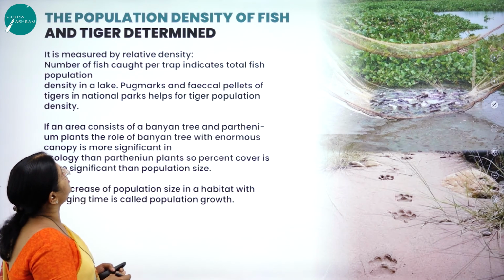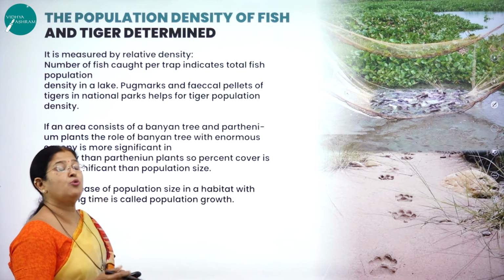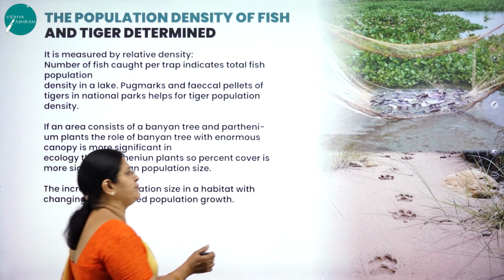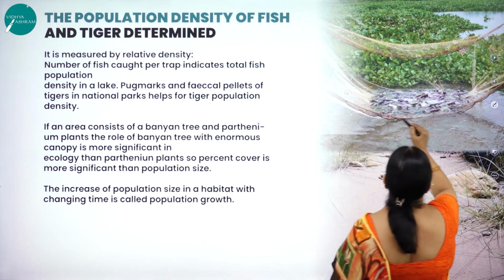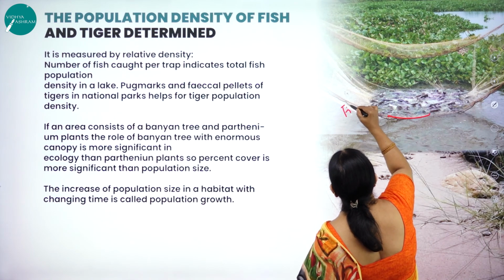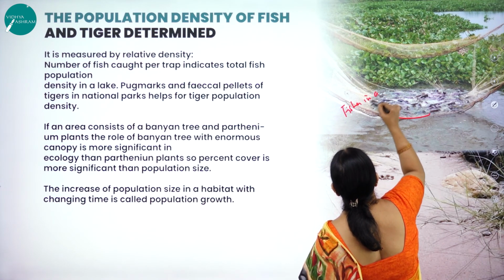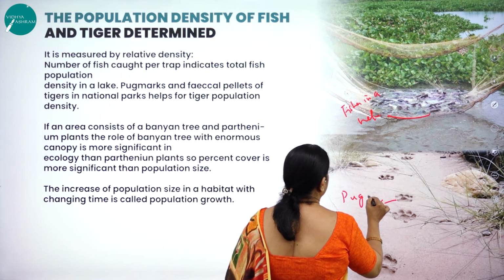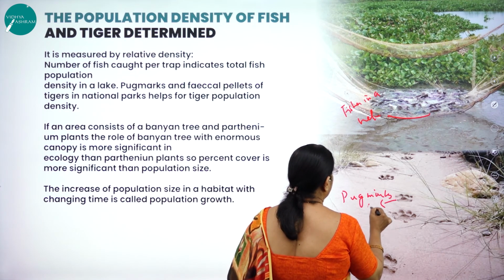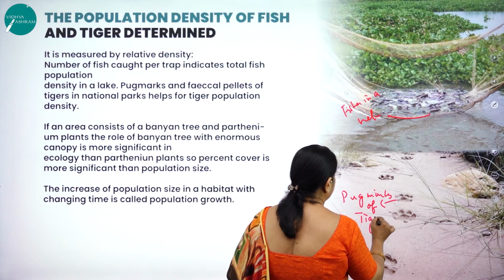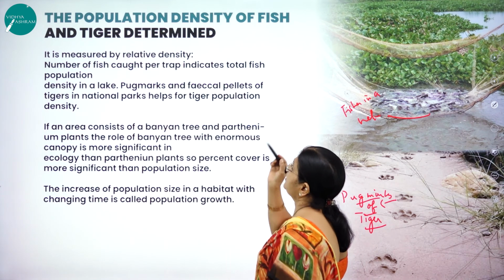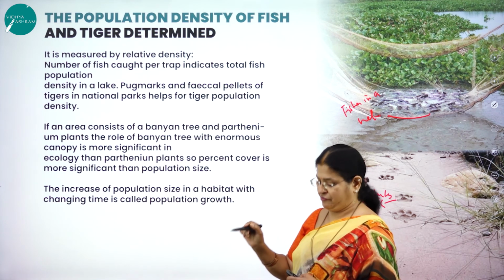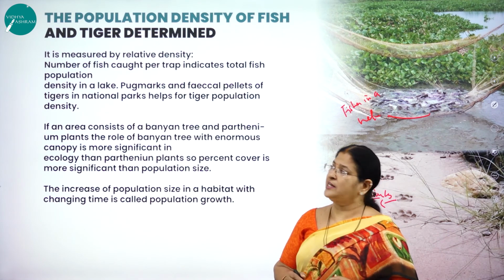So moving on to the population density of fish and tiger. How is it determined? Here you can see in a net the fishes, and here you can see the pug marks of a tiger. So how do we assess the population density of a fish and that of a tiger?